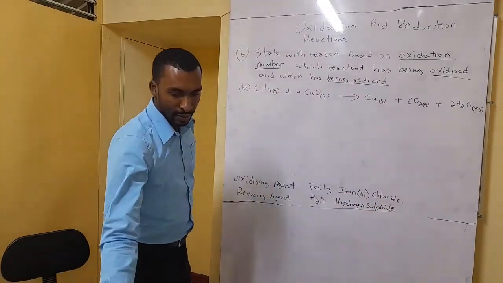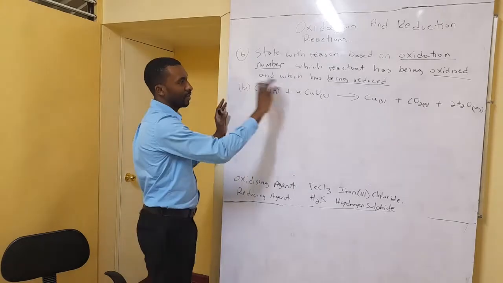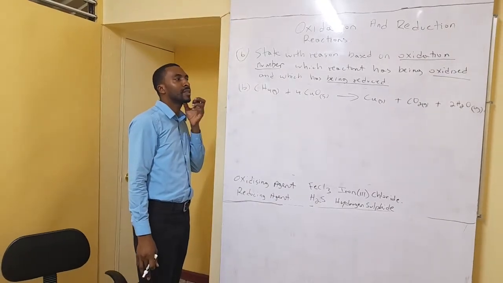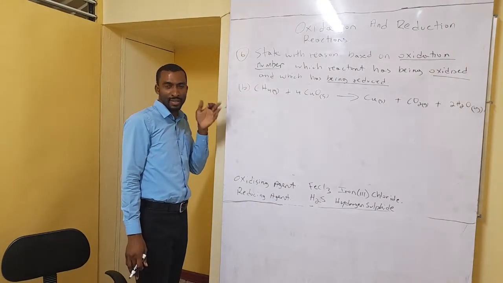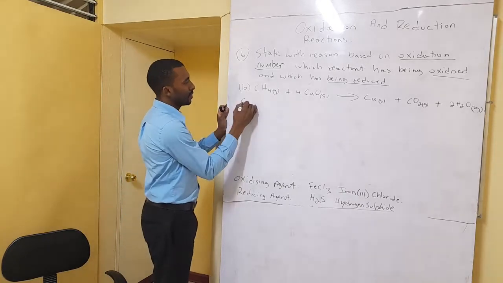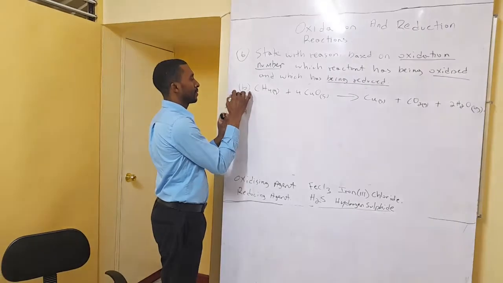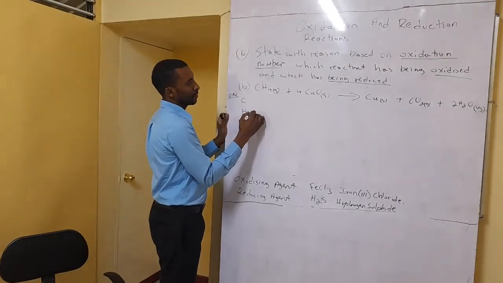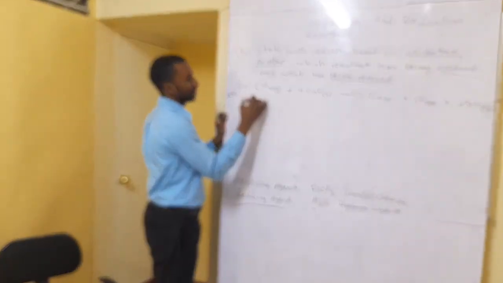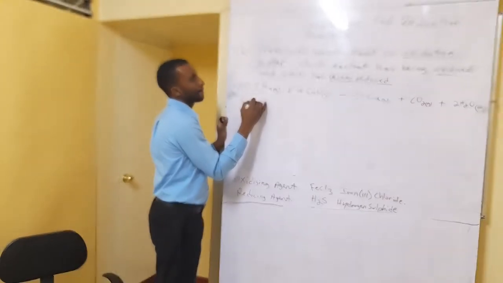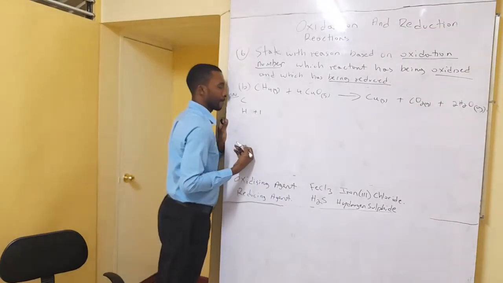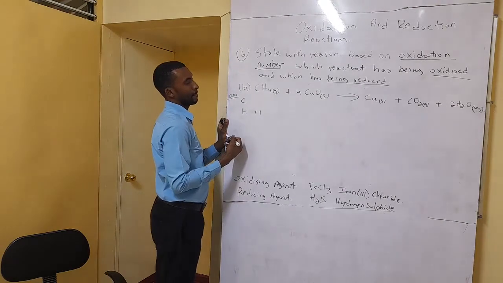First thing we do, we list the oxidation number for all the atoms in the compound. Carbon, hydrogen. Hydrogen here is +1, therefore carbon must be -4.